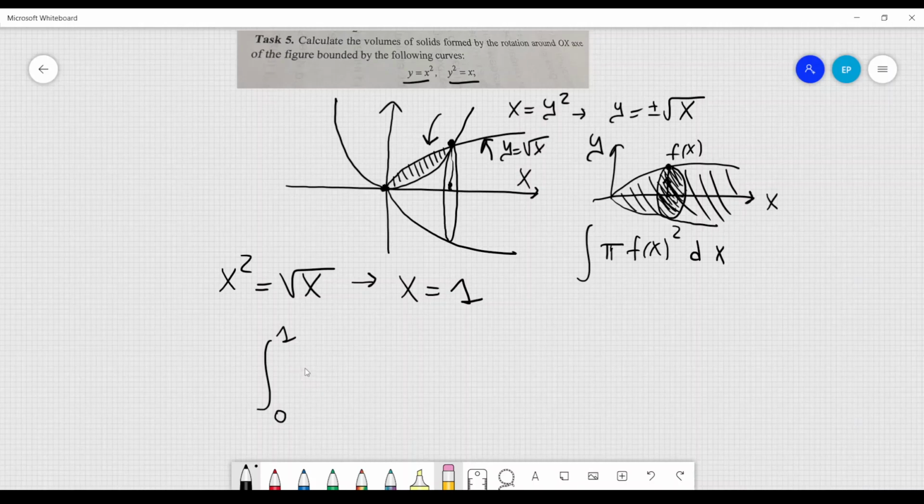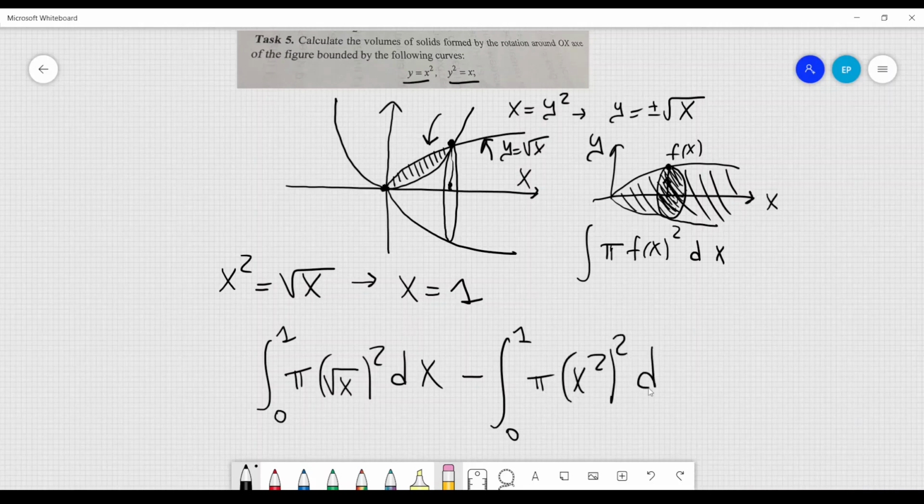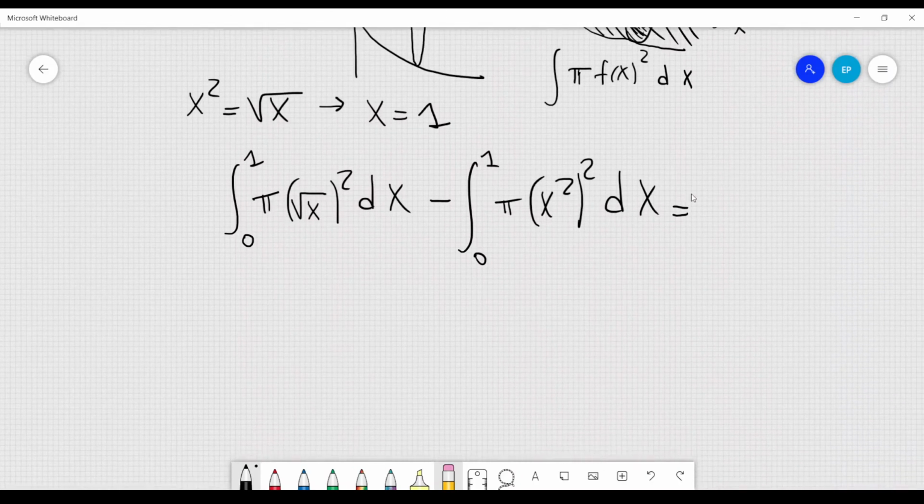The first integral that we have to carry out is pi, and then we have f of x squared, which is this first curve here, the square root of x. We have to square it and integrate over x, and then subtract the integral from 0 to 1 of pi x squared dx. So this is a simple integral to carry out.